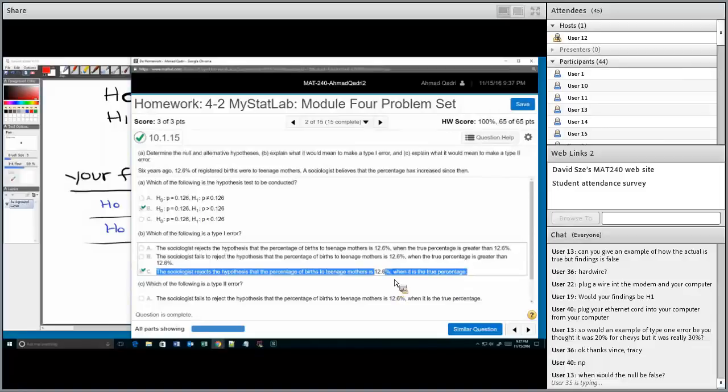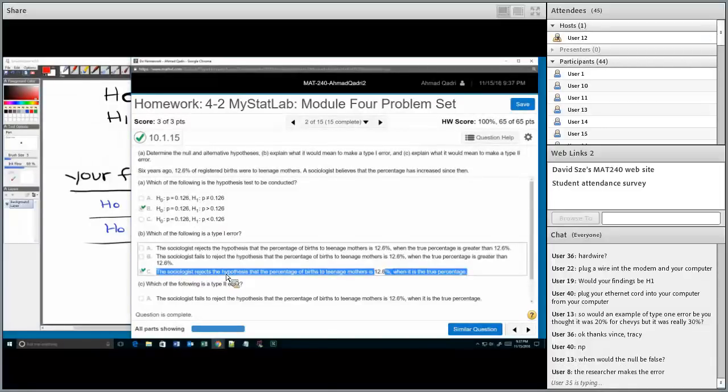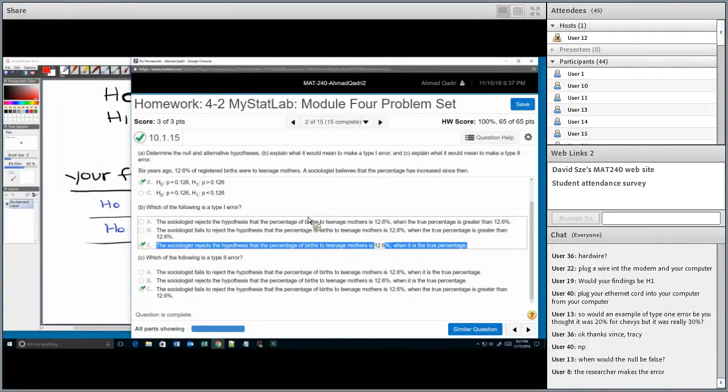So if we're saying today, in reality, the null hypothesis is true, and we will not know that, but it is true. And when the sociologist does the analysis, she finds that the null hypothesis should be rejected. So obviously she has made an error here, and so the error is a type 1 error.